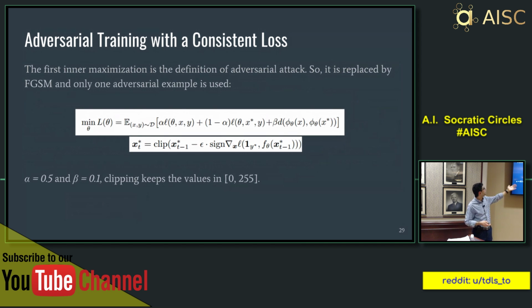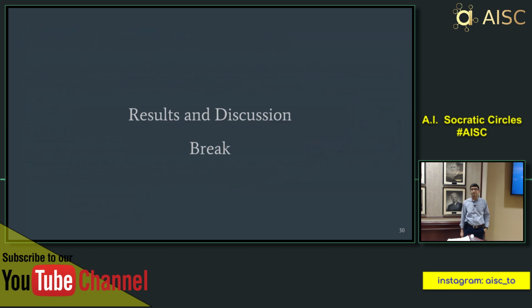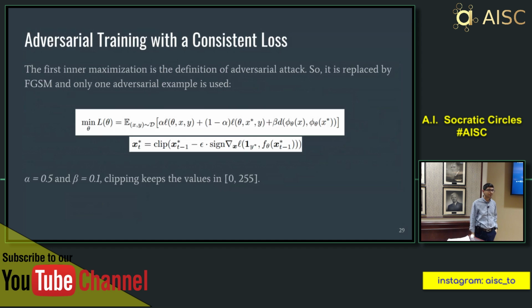They have a weighted summation of the classification error for the original image, the classification error for the adversarial image, and the distance between the feature map representations of the original image and the adversarial image. Okay, one last question before you finish. So then we still have one loss function for both?